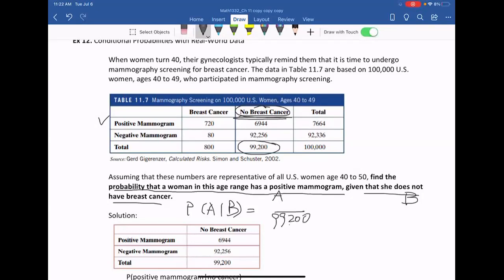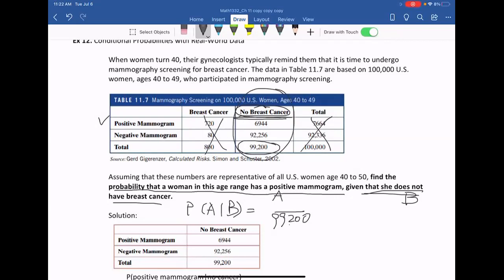99,200. Since we already see the given part, we don't need to see other data, we just focus on the no breast cancer part.